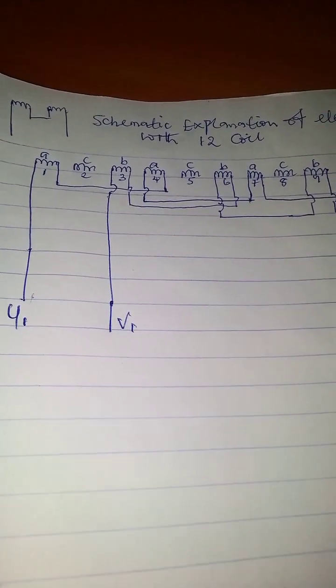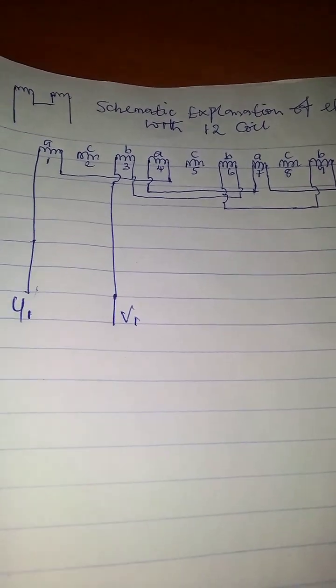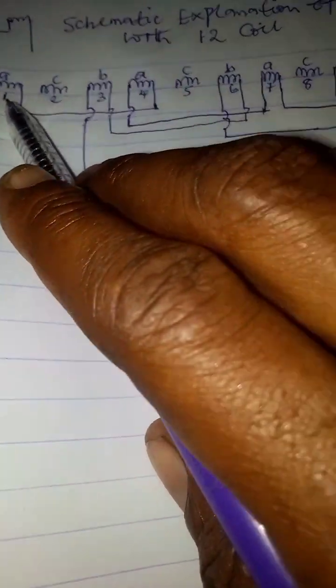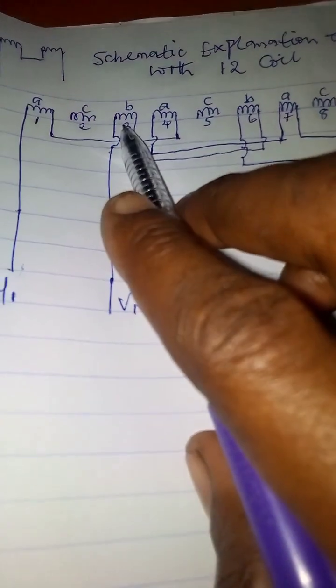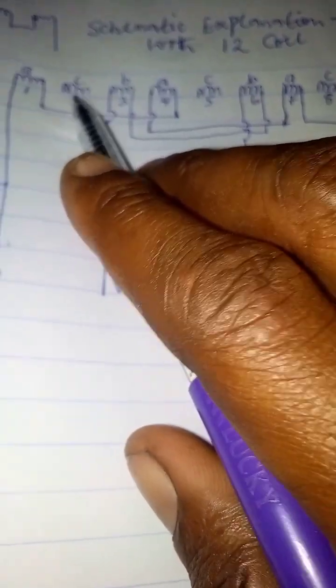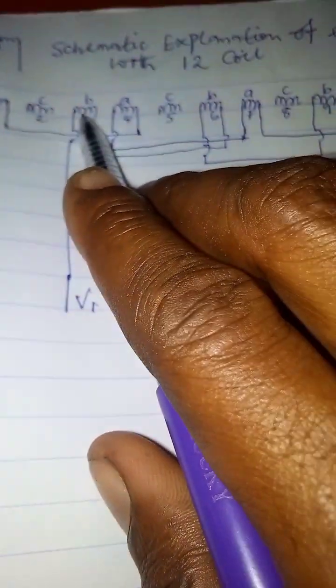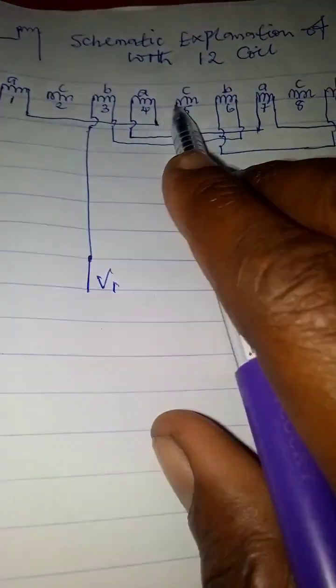Now look very well as I explain the C. Having used this one as your first coil for A and this one for B, it is not this C at the back that is the first coil of C. So where is the next C? It is in front, so I will count and come to the front.